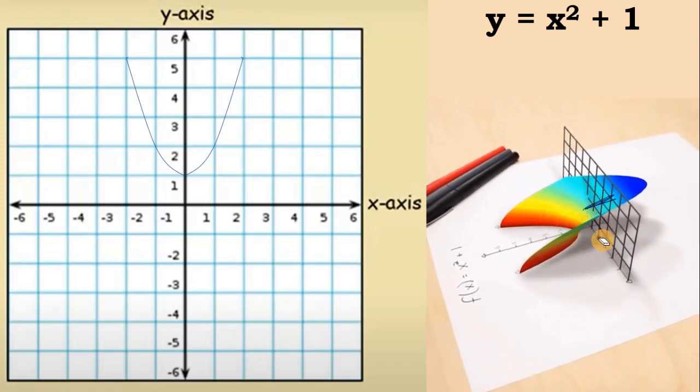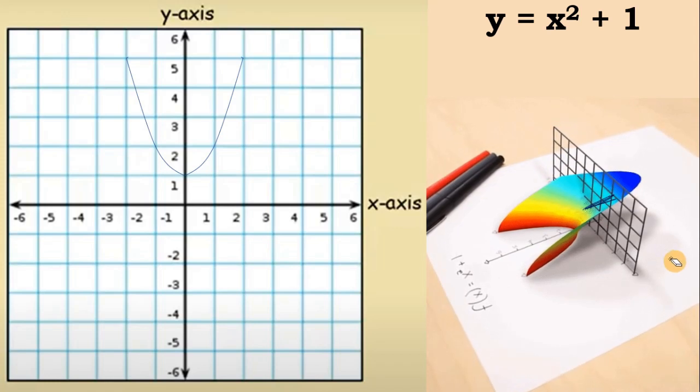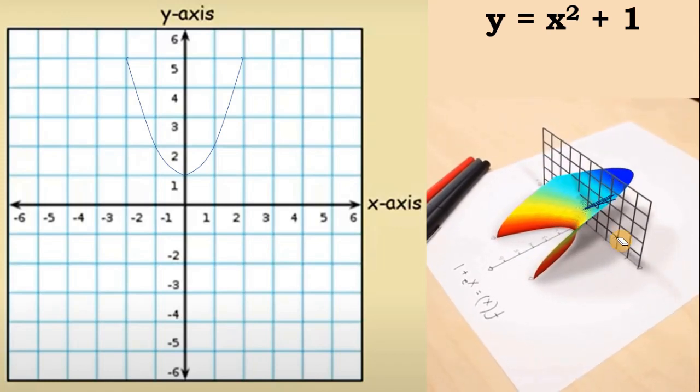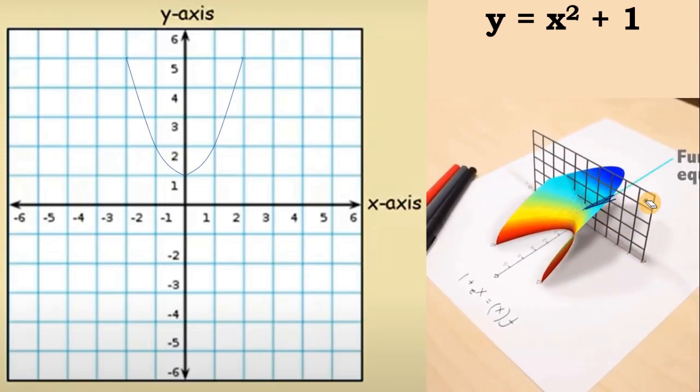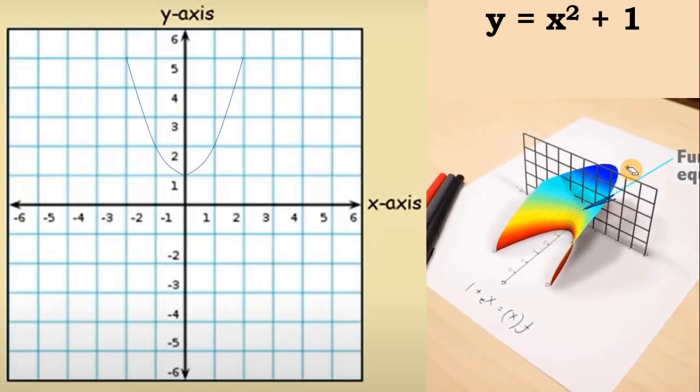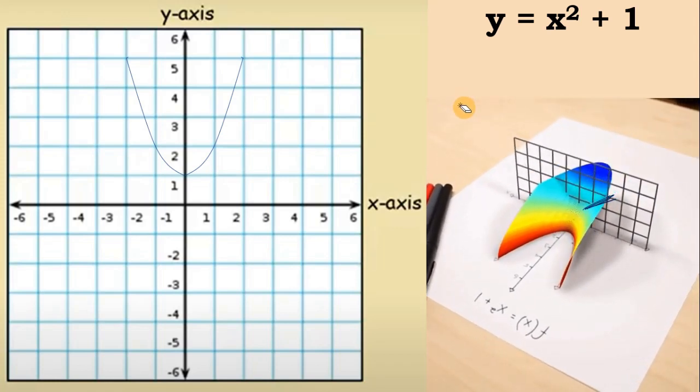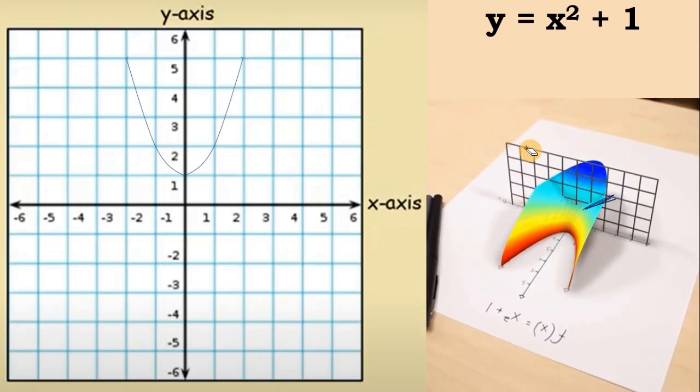Then it crosses this plane, it crosses the x-axis, and thus we get the roots, and these roots are called complex roots.